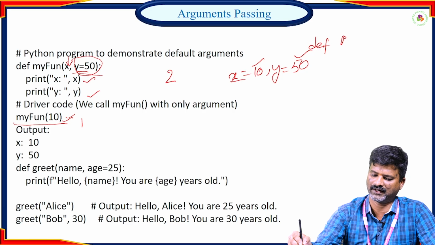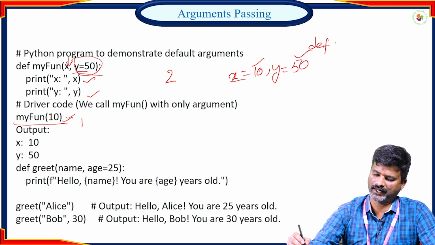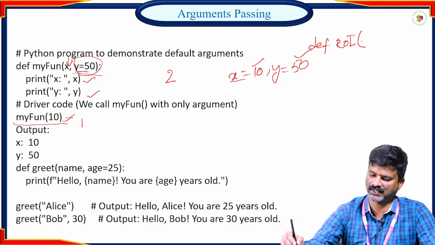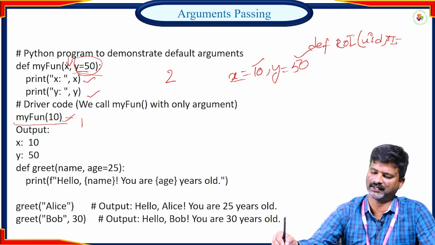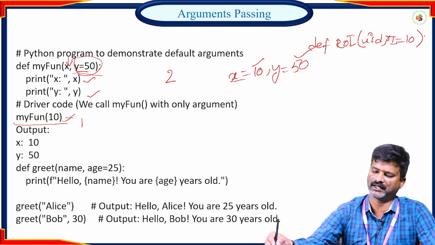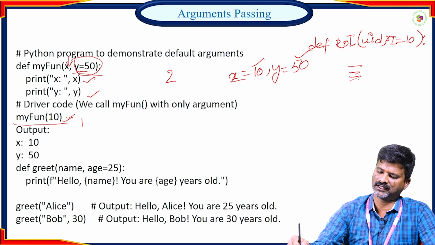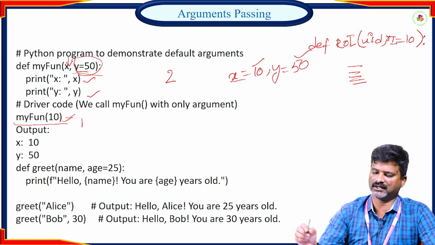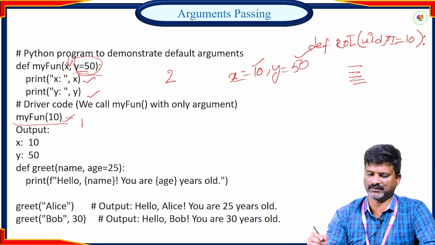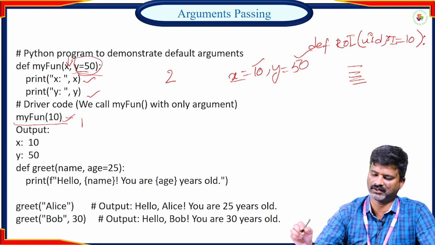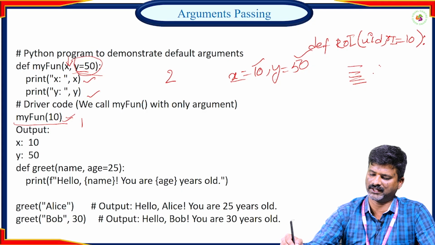Similarly, while calculating the rate of interest, for example, def ROI, I am taking a function name, and passing a user ID, UID, and RI, where I take the rate of interest as 10 by default. When you are writing some logic, internally you are calculating some interest, compound interest, or simple interest, so I is equal to PTR by 100.